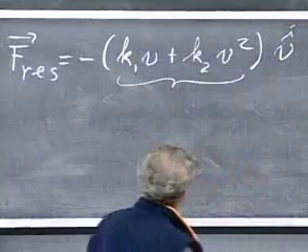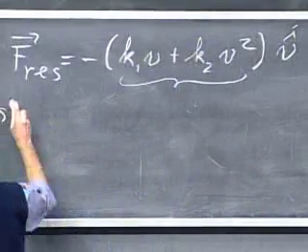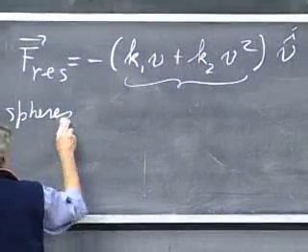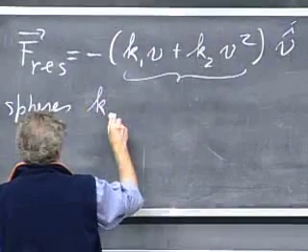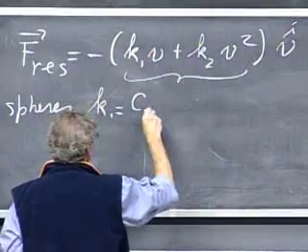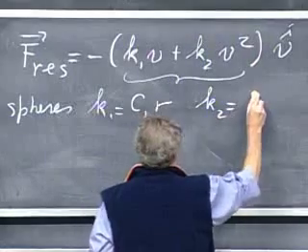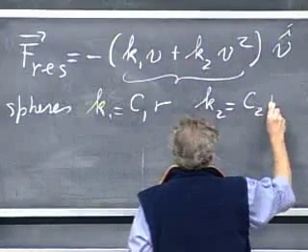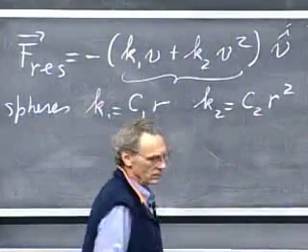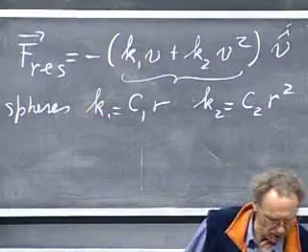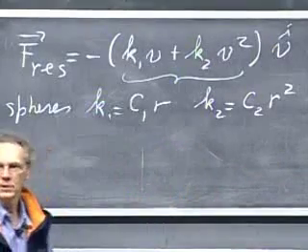We dealt exclusively with spheres, remember? And we did some cute experiments. For spheres, k1 equals c1 times r, and k2 equals c2 times r squared. And we did some experiments with corn syrup.